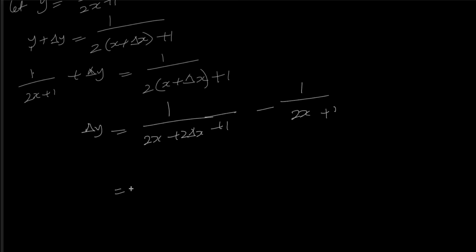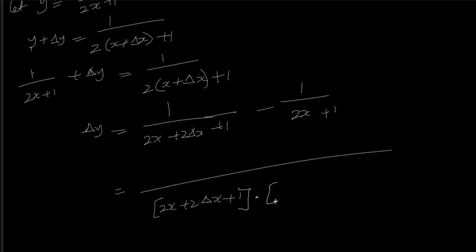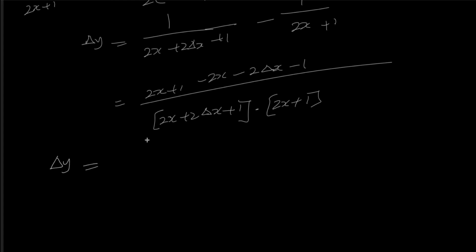So find the LCM of this. You agree with me? It's going to be this multiplied by this. So therefore here we're going to have 2x plus 1, this other side, minus 2x minus 2 delta x minus 1. So this and this will go, this and this will go. We're left with this now all over.